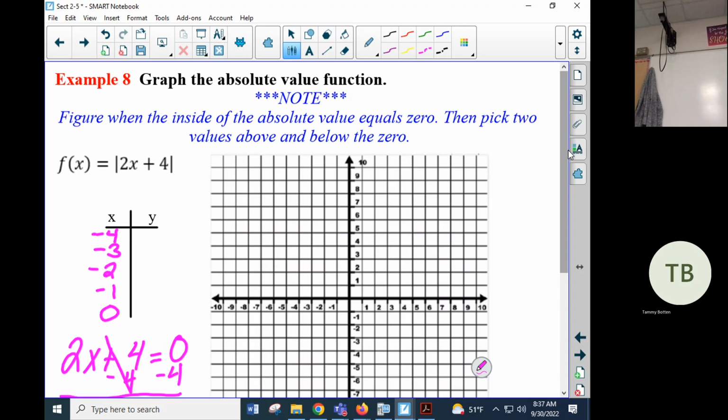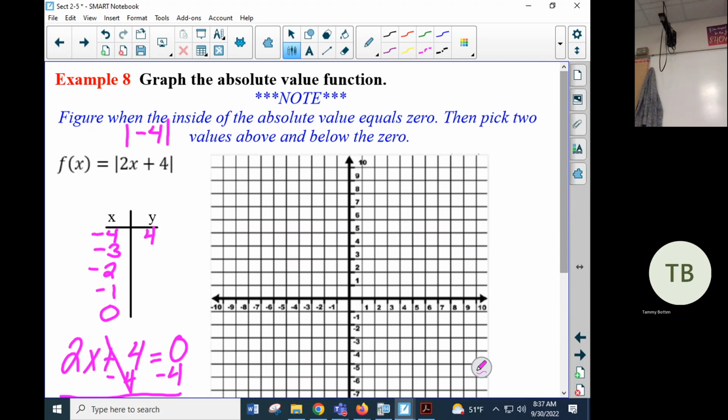Okay. So if I put a -4 in here, 2 times the -4 is -8. -8 plus 4 is a -4. And the absolute value of anything is always what? Positive. So our answer is going to be a +4. Okay.